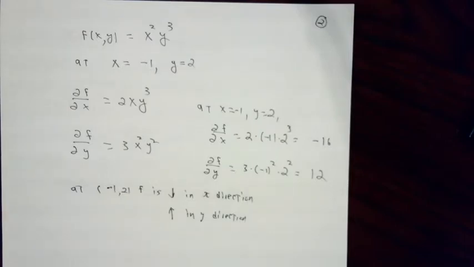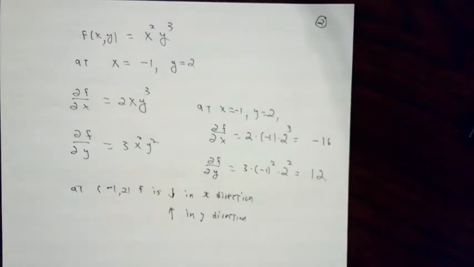If you put in now the values x equal -1 and y equal 2, you find out that the rate of change of the function in the positive x direction is -16 at the point we're speaking of, and the rate of change of f with respect to y in the positive y direction is 12.